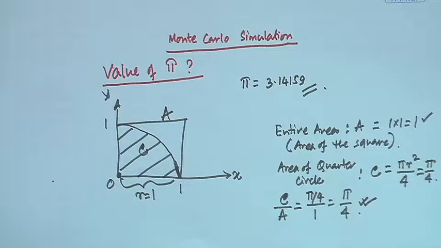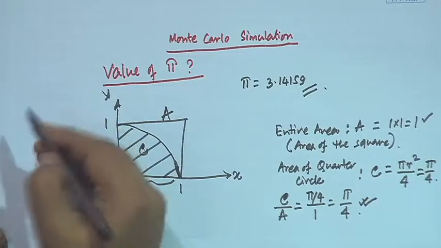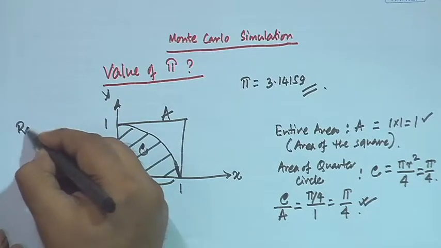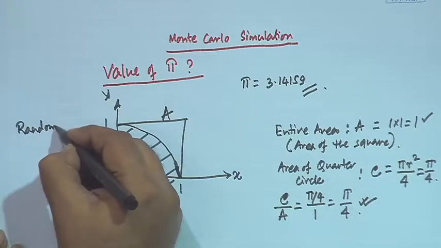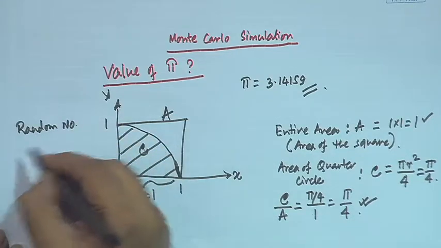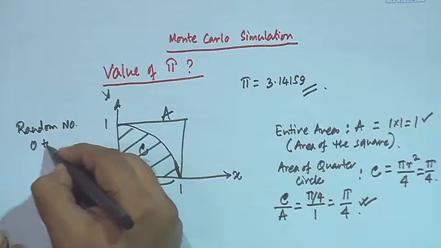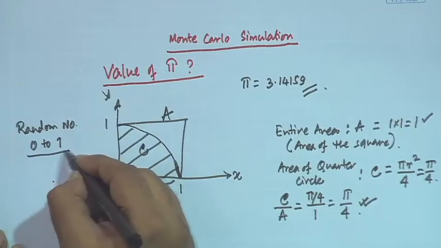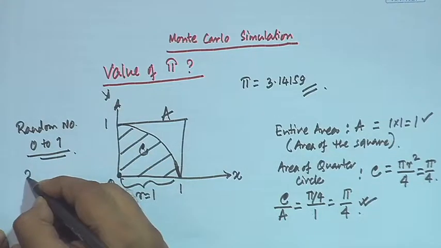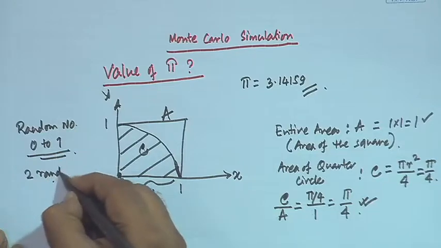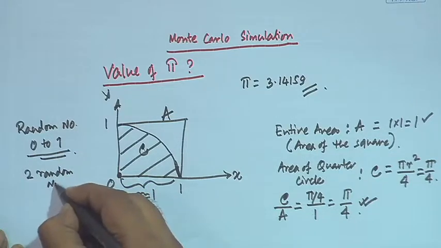Now, what do we do? We will discuss that later, but a random number is a number between 0 and 1, and we take two random numbers arbitrarily.